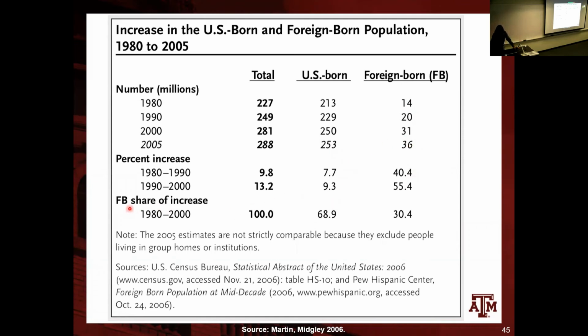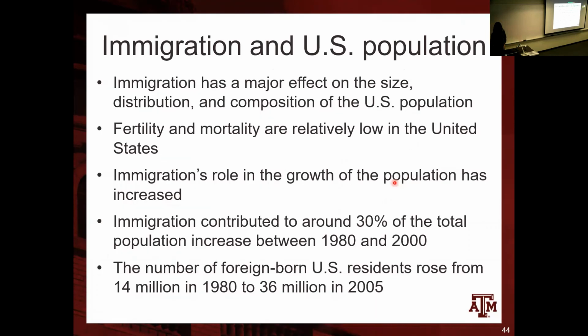And this is the foreign-born share of the increase. Overall, the foreign-born population contributed to 30% of the increase of the US population between 1980 and 2000. And that's exactly what we wrote here: immigrants contributed to around 30% of the total population increase.